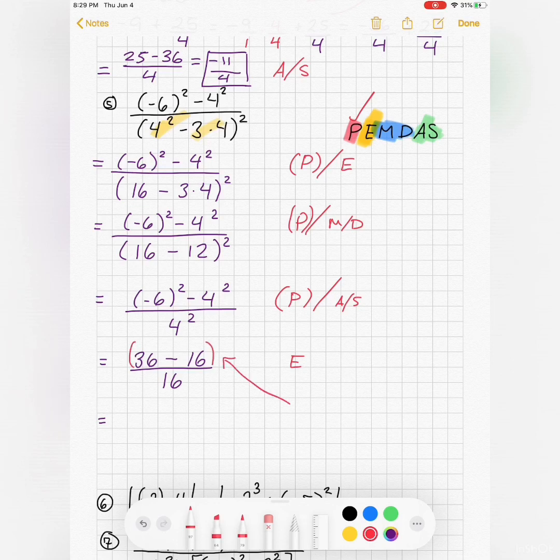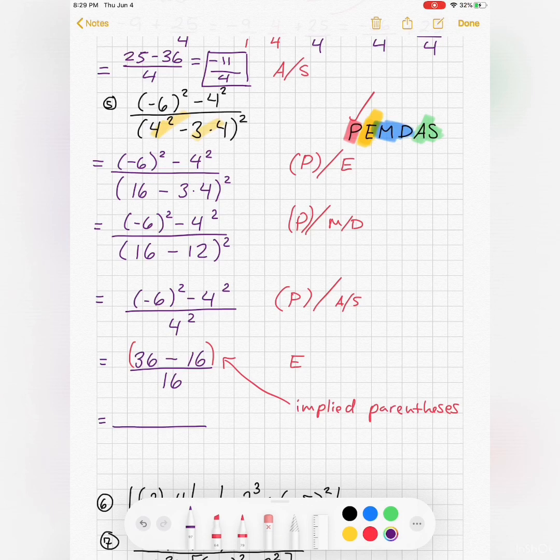When I have items together in the numerator or the denominator, there's an implied parentheses. That means I want to combine items or terms that are in the numerator or denominator together before attempting to combine numerator with denominator.